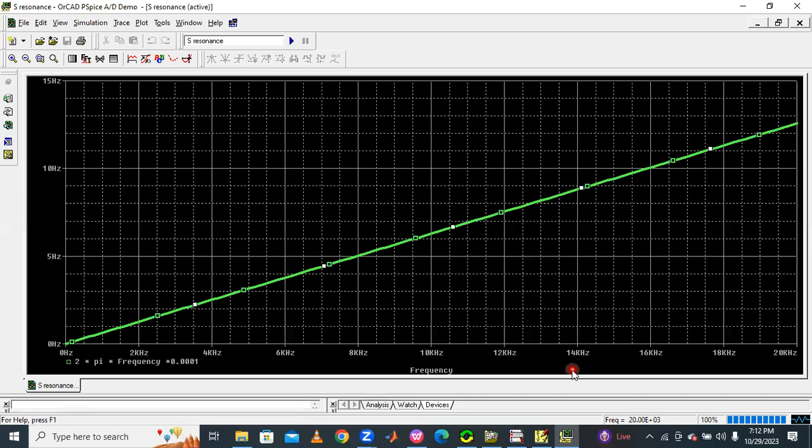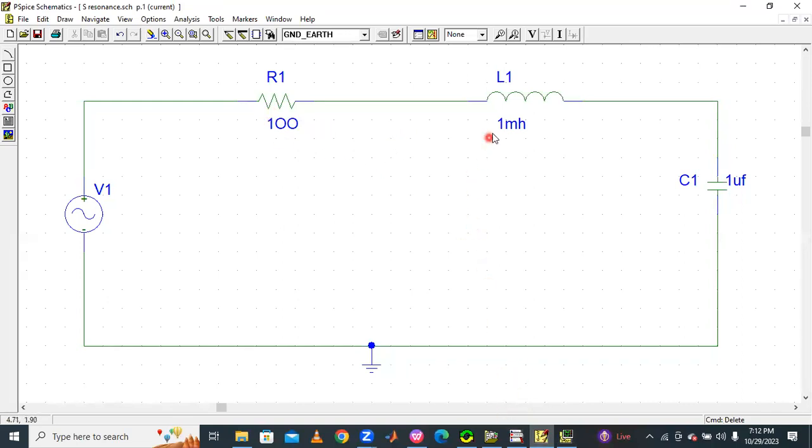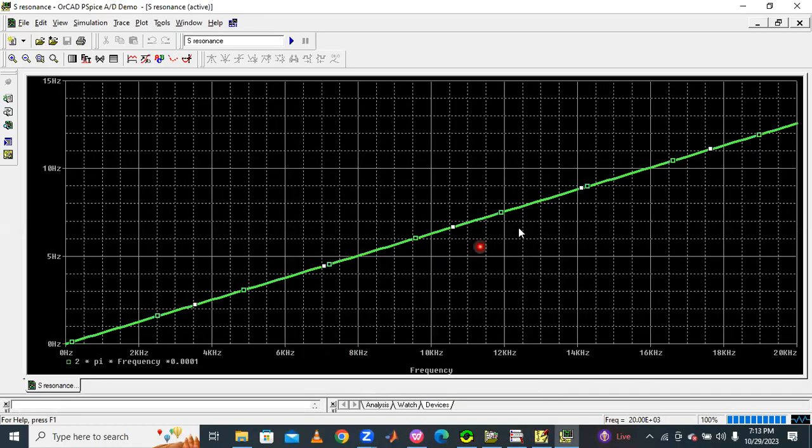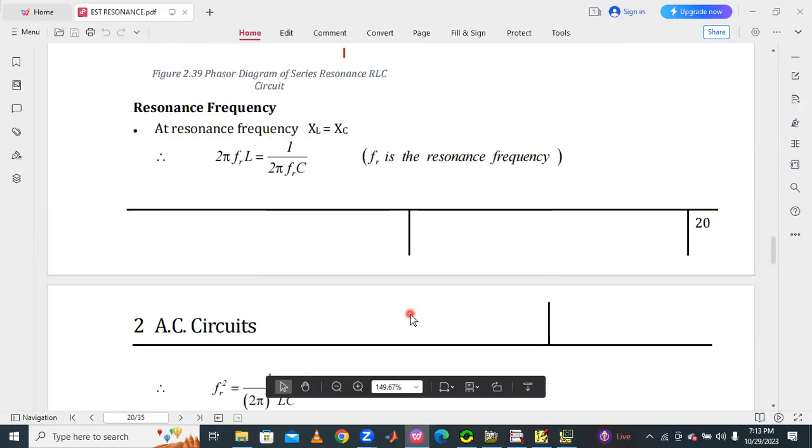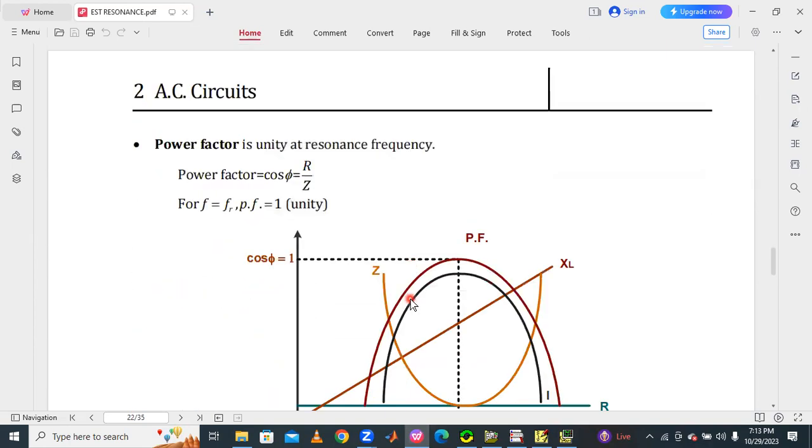XL is equal to omega L, omega is equal to 2 pi f, so 2 pi f into L. 2 is fixed, pi is fixed, L is fixed in the circuit diagram, and f is variable. With L 1 millihenry and 2 pi into f, the only variable is frequency f, so we get this XL versus f characteristic.